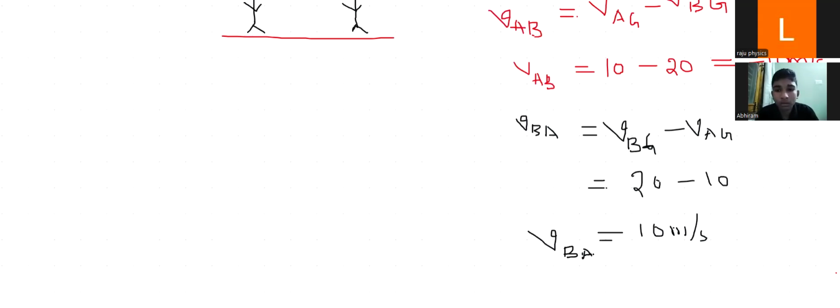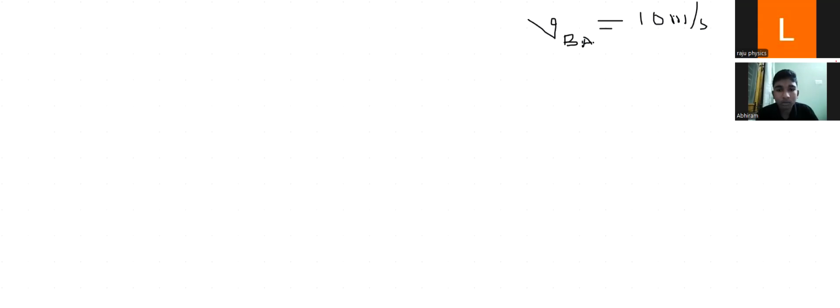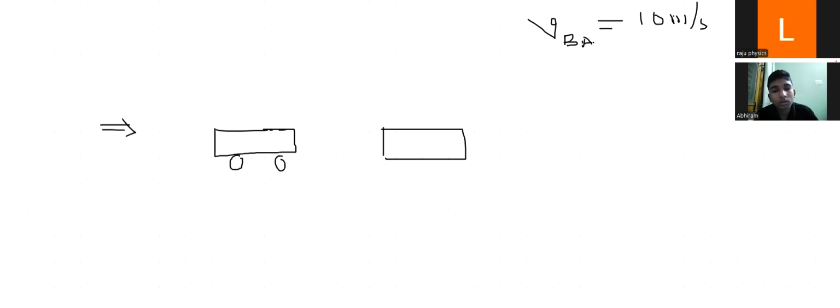Next, one more problem. Two vehicles are there, like two cars. This is the first car and this is one more car.